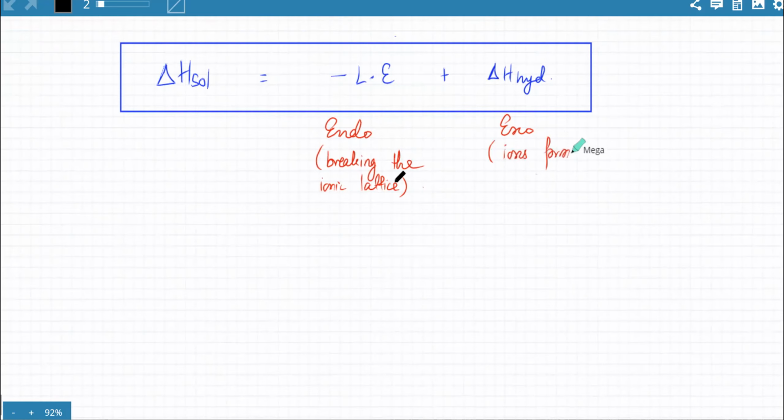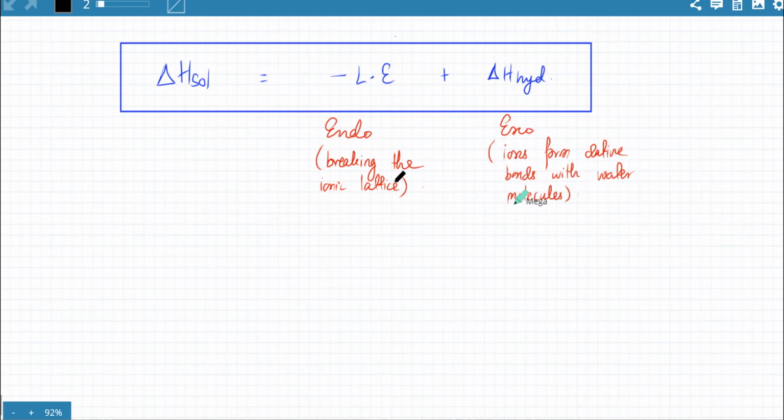They form dative bonds with water molecules. So one part is endo, the other part is exo.